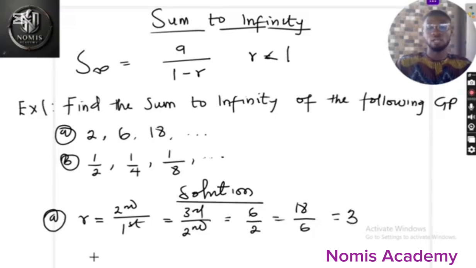Now r is greater than 1 because our r is 3. Hence, we can tell that the sum to infinity does not exist.